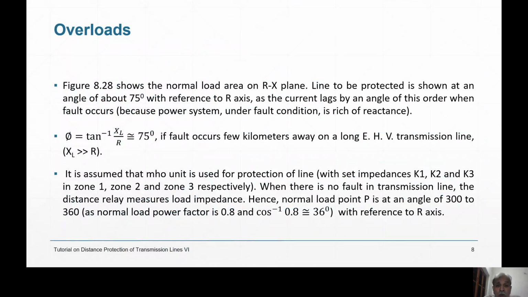The next problem is overload. Overload is what? That the line is overloaded. As I was telling you the other day, a line can be overloaded to 200%. Why 200%? Because in a transformer there is insulation, motor, generator. But in a transmission line, insulation is air and porcelain. Air, because of overload, will become hot.